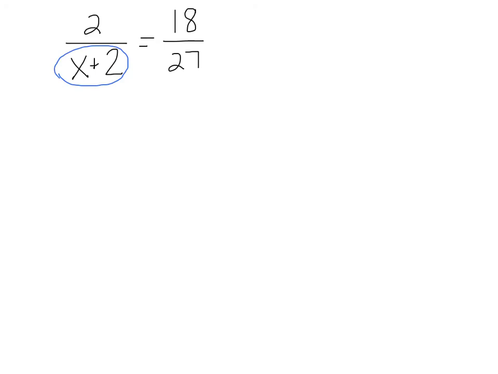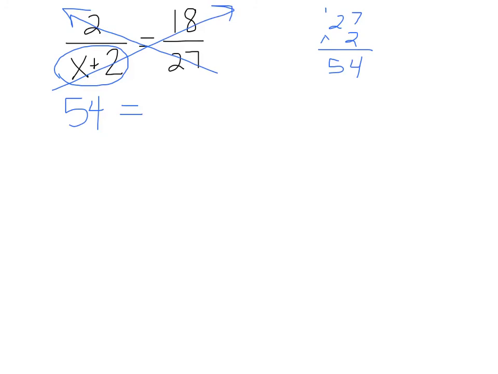We use all the same math steps. So we're going to take our cross products and say 2 times 27, which if we need to, we can come over here. 2 times 27 is 54 equals, and now do this piece, x plus 2 times 18. And this is where I want to write it first.